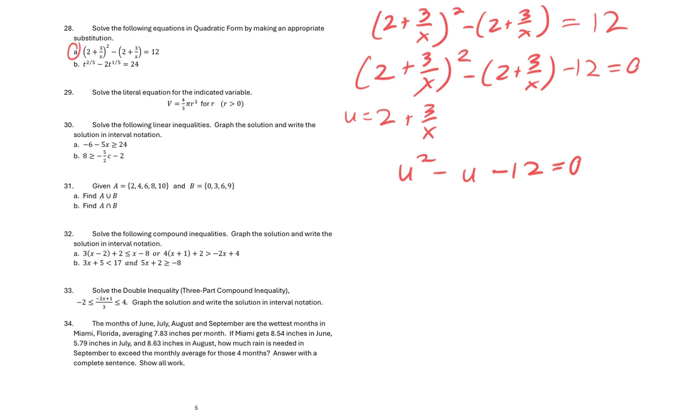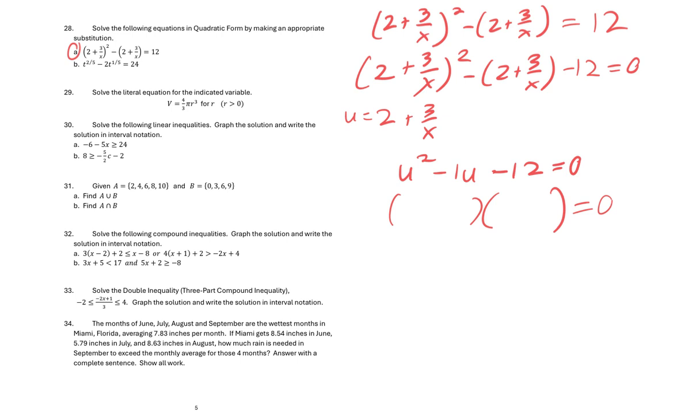So now we want to solve this. We want to know what two numbers multiply to give us negative 12 and add up to give us negative 1, essentially. There's a 1 implied right there. Two numbers that multiply to give 12 are 6 and 2, but those in no way add up to 1. What about 4 and 3?